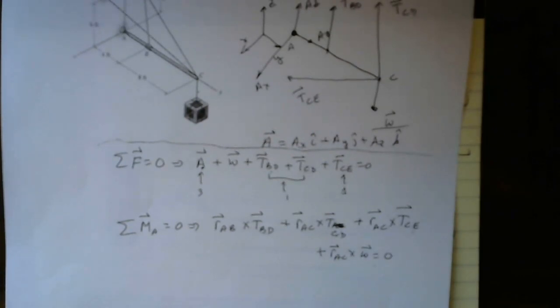The moment equation, the sum of the moments about A, has only two unknowns there, again recognizing that the magnitude of TBD is the same as the magnitude of TCD. So this is what I did. I solved the moment equation first, and I get the magnitude of TBCD.